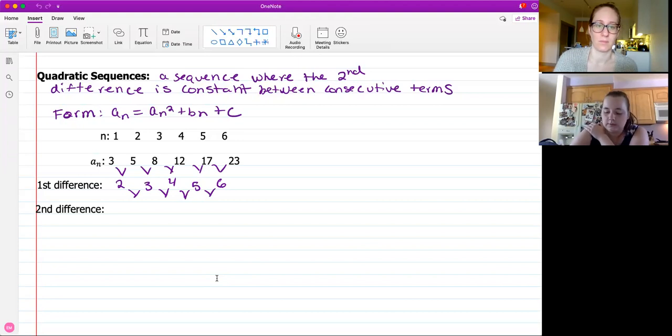So the difference between the first difference line is 1, 1, 1, and 1. And that means that we have a quadratic sequence. The a sub n right there, that's the actual sequence. So we're dealing with the sequence 3, 5, 8, 12.